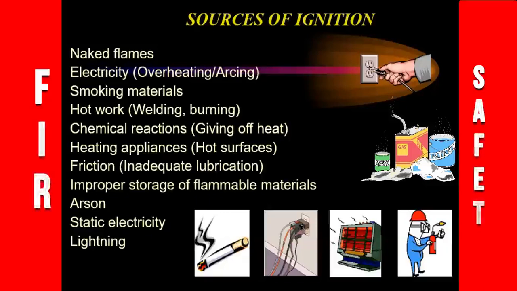Maybe the cause of fire is friction due to inadequate lubrication, improper storage of flammable materials, arson, static electricity, or lightning. All these sources may cause ignition, and ignition may be converted to fire in the presence of oxygen and fuel.